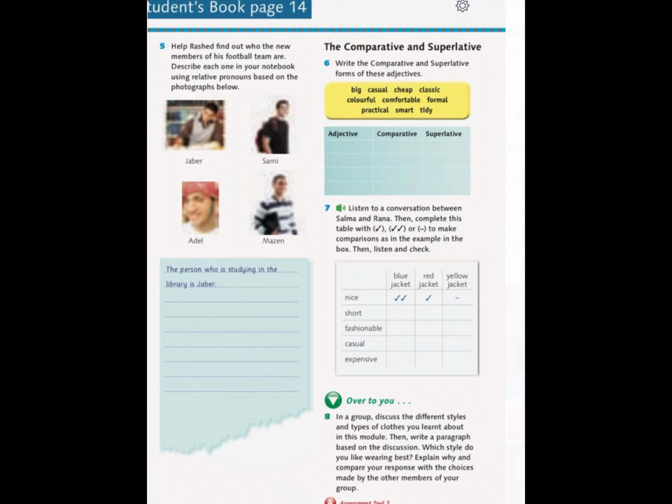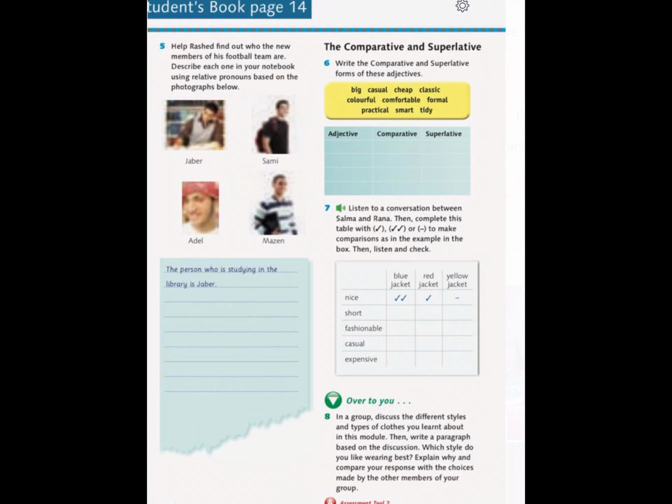اللي هي الصفات المقارنة والصفات التفضيل. صفات المقارنة is the comparative وصفات التفضيل اللي هي superlative. So we have an adjective يعني big, casual, cheap, classic, colorful. Those are all adjectives.